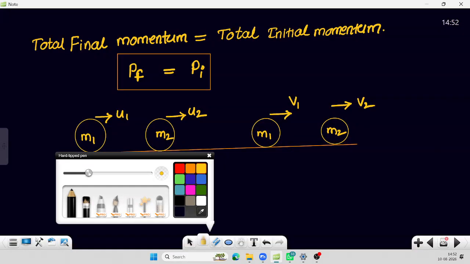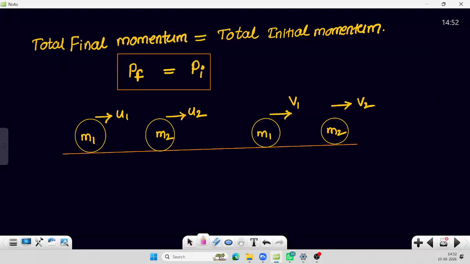Now we'll apply the law of conservation of linear momentum. This is before collision, and this is after collision. We are considering that both bodies move in the same direction. It may not be so. If it is in the opposite direction, a negative sign will come.